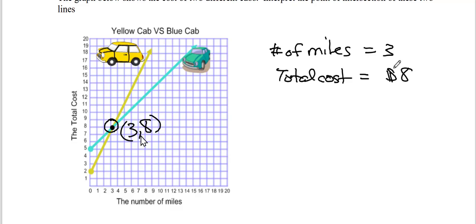It is interpreting that point that is on these lines, but it is not interpreting the point of intersection. The fact that that is a point of intersection means that point is on both of these lines. If that point is on both of these lines, then that is where these 2 cabs cost the same amount for the same number of miles.